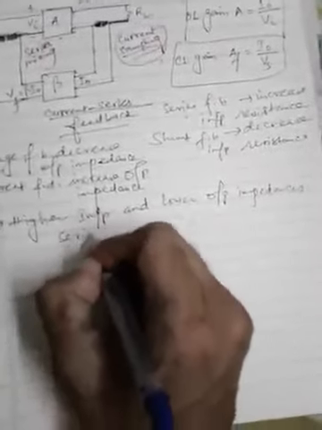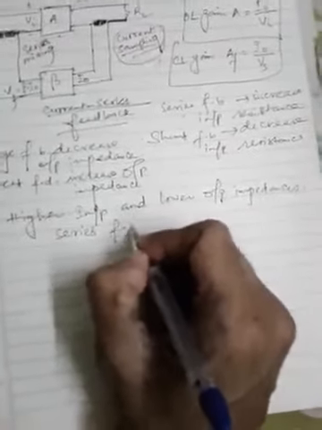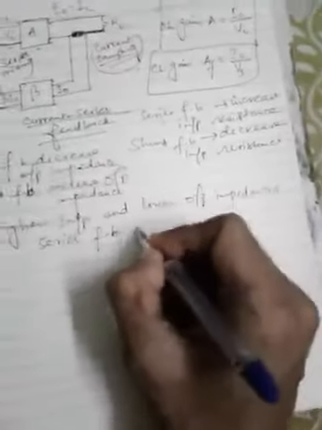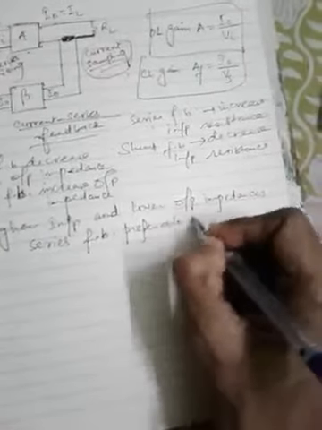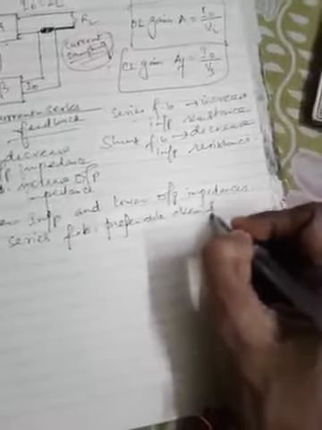So we can say series feedback is preferable over shunt feedback when it comes to the question of increasing the input impedance. And also when it comes to the question of lowering the output impedance, it should be voltage feedback.